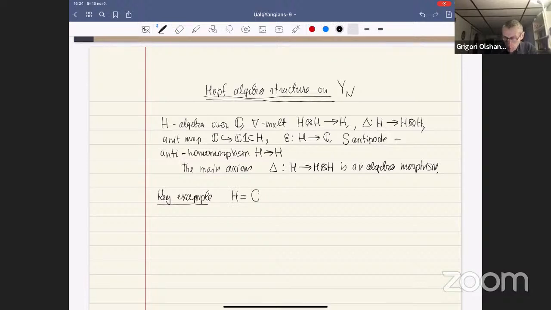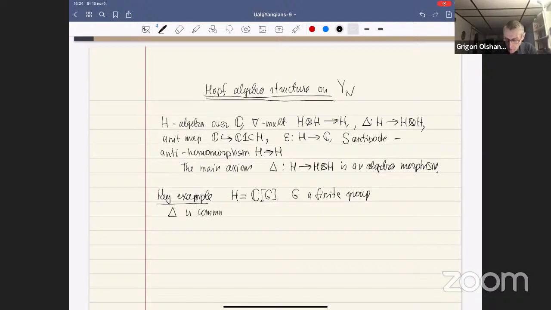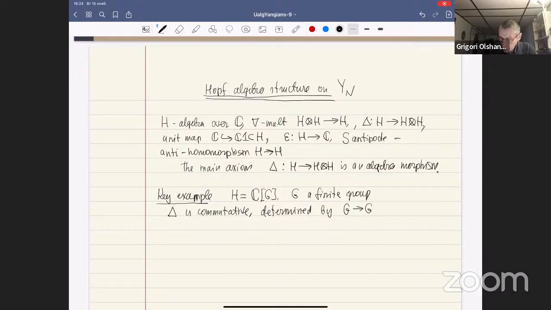H is the group algebra of a finite group G. The multiplication is in general non-commutative, but the co-multiplication is commutative, and determined by the diagonal map from G to the product of two copies, which induces the algebra homomorphism of these objects.